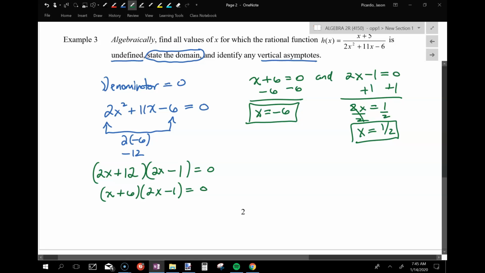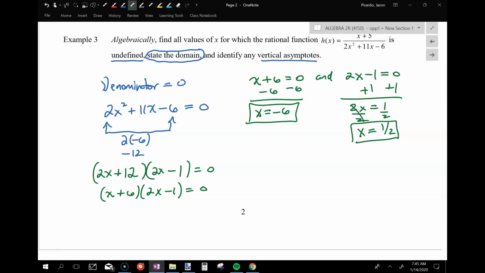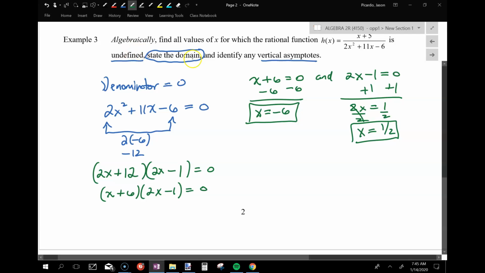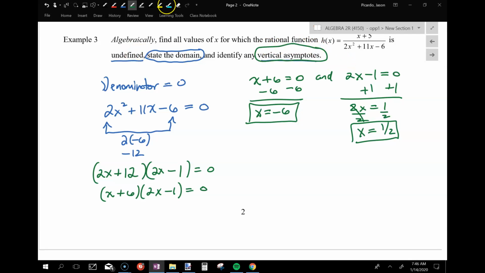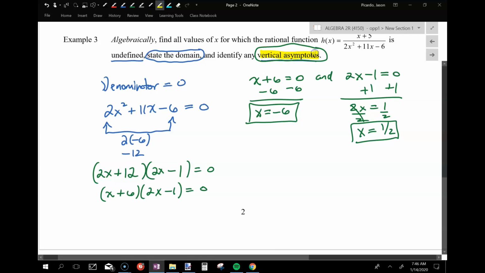So I have these two solutions to the quadratic. But the solutions to the quadratic are really what? Where this has vertical asymptotes. Where this function is undefined.